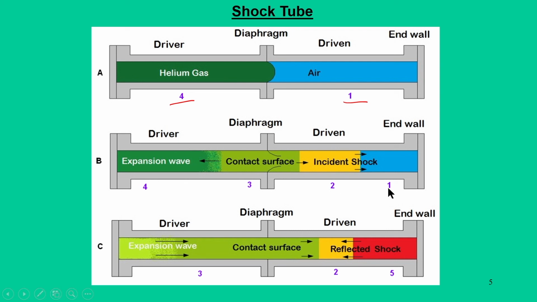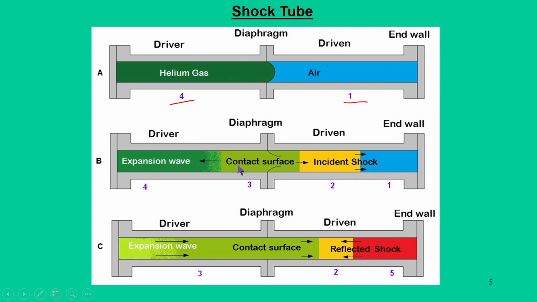When I say 1 and 4, that means at that instant, whatever gas is there has not seen the shock wave. Whatever gas has seen the shock wave, we can see a change in the color. So, when a primary shock wave is generated, it changes the color, and as a result its pressure and temperature shoot up.